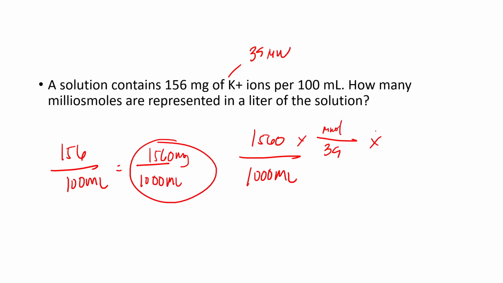And let's also multiply by our species number. Since it's a simple potassium ion, the species number is 1. So it's 1560 divided by 39. So it's 40 milliosmol per liter solution.